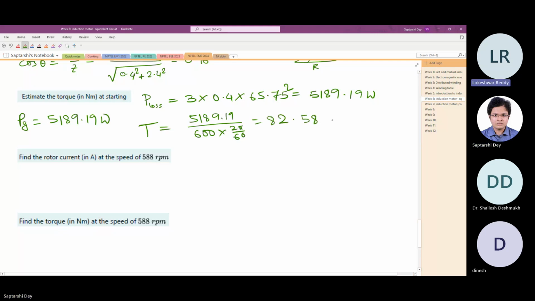And the procedure is correct, sir, I think. So this by synchronous speed. Why is it synchronous speed? I'm getting a confusion here. In the air gap, the rotating magnetic field is rotating with synchronous speed. We are considering the air gap power. There, we should consider the speed as synchronous speed.